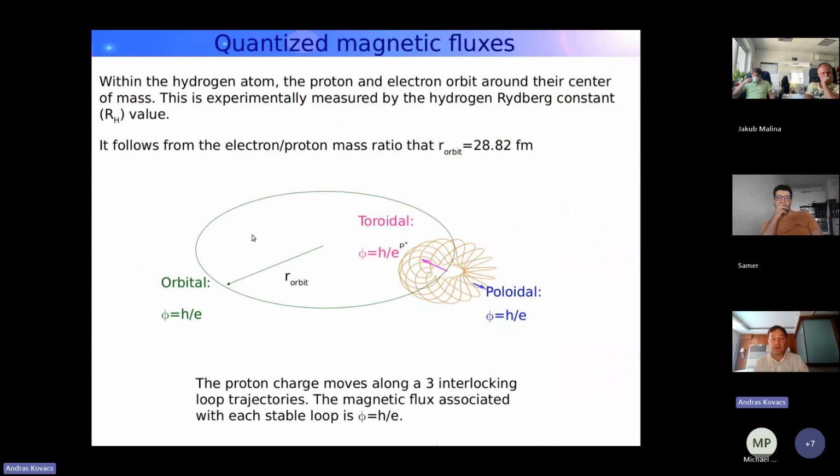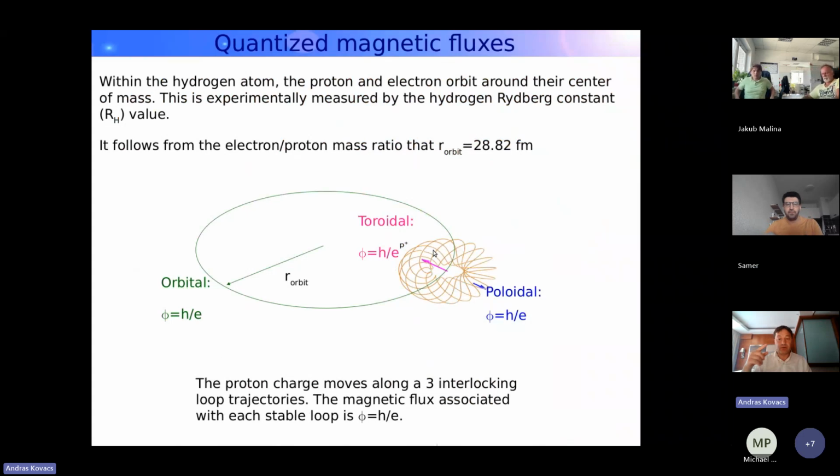Also, let us keep in mind that for every Zitterbewegung loop, we have the magnetic flux that is quantized to h over e value. And if you consider, for example, a hydrogen atom, then you can see that the proton charge is even moving in 3 loops.